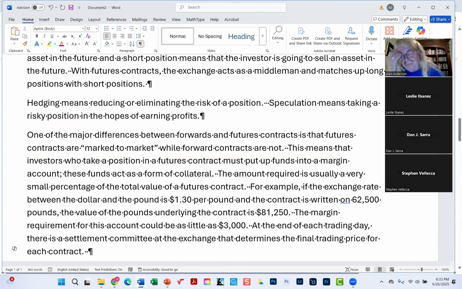So in other words, the day ends and gold trades throughout the world, but they're going to say, listen, at the end of the day, here it is. It's closing time in Chicago. The final price for today is X dollars, and that's how they decide whether or not your margin account has gained or lost money. So this final price is actually called the settlement price.